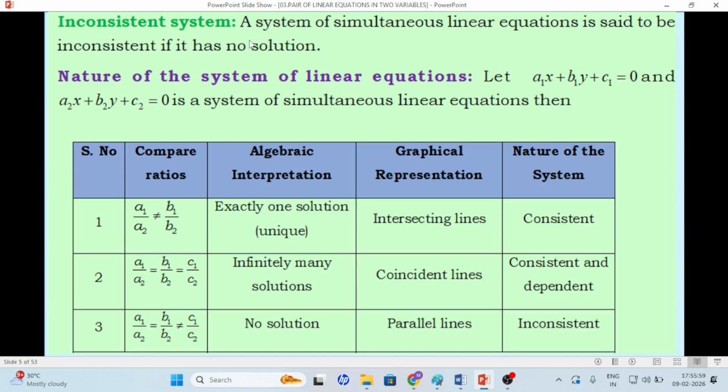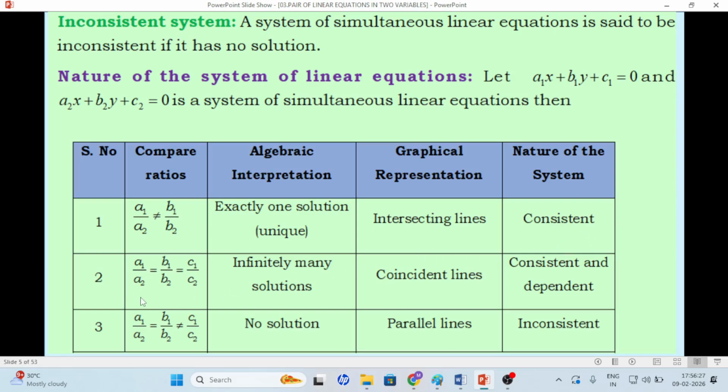A system is said to be inconsistent when the lines are parallel; only then is it considered an inconsistent system. In this case, the system of linear equations has no solution. Observe this table. When the lines are intersecting lines, the ratio of the x terms and y terms are not the same. In this case, we have only one solution, so the nature of the system is consistent.